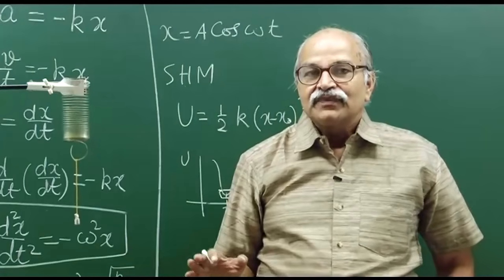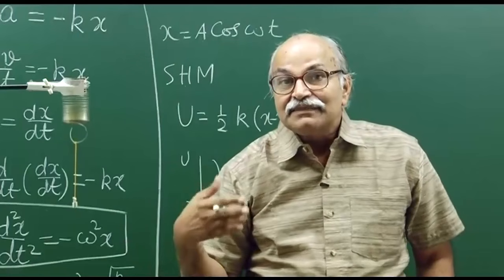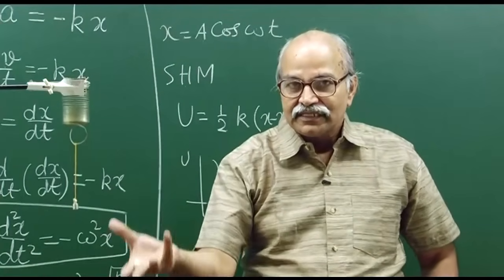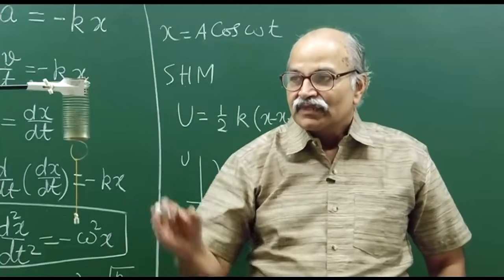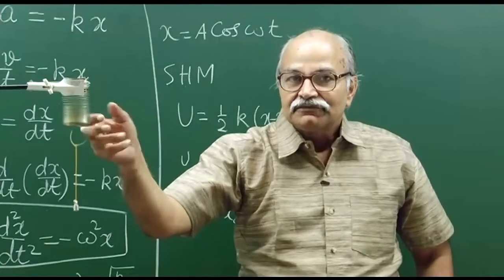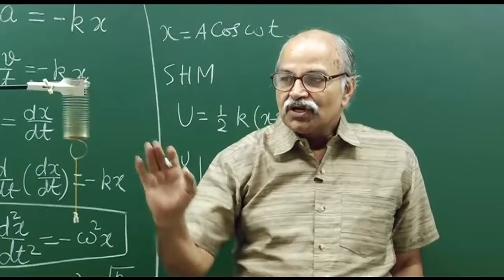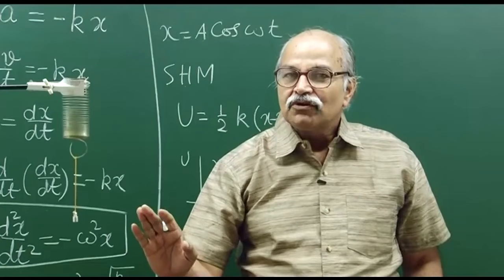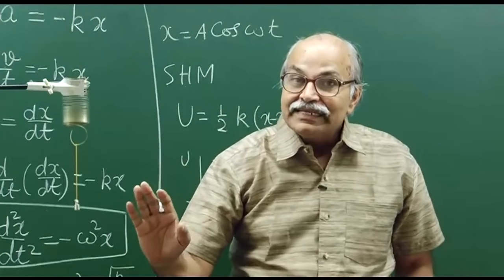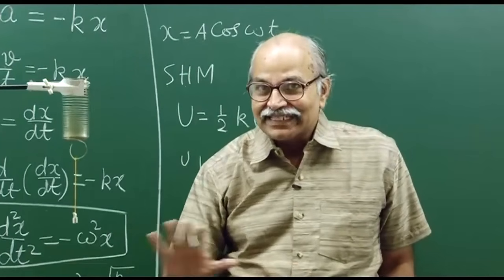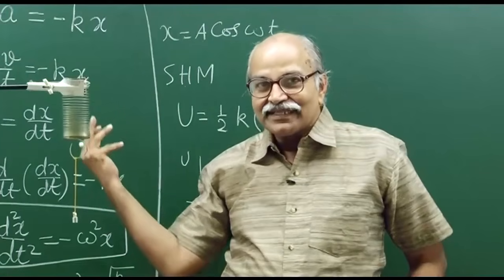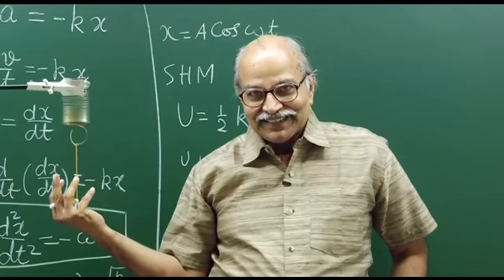This is because there are several dissipative forces. You have air exerting force on this, and there are some internal frictional forces. So because of these dissipative forces, the amplitude always decreases as a function of time in a real system. So how do we manage that in our equations?